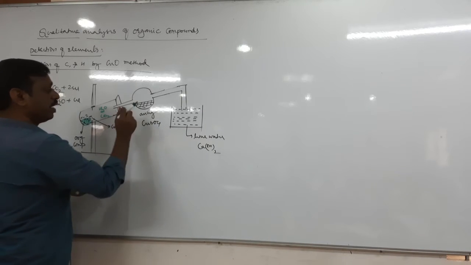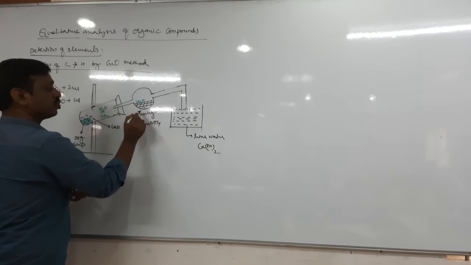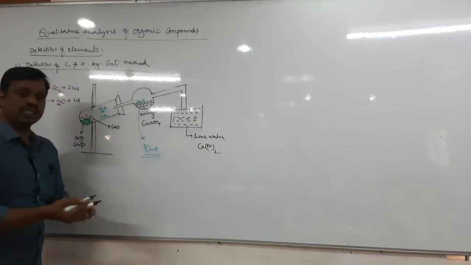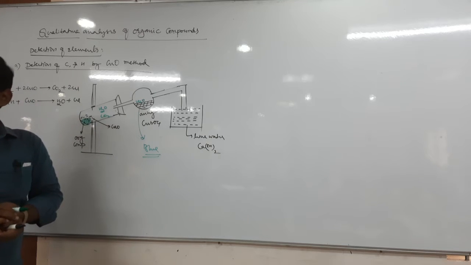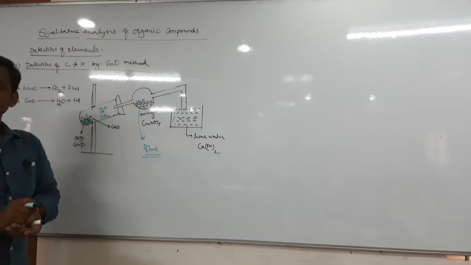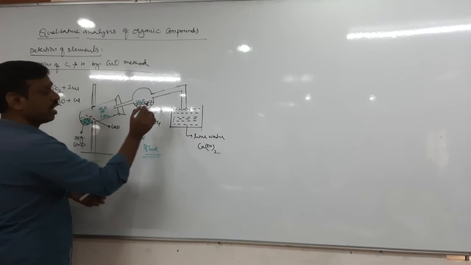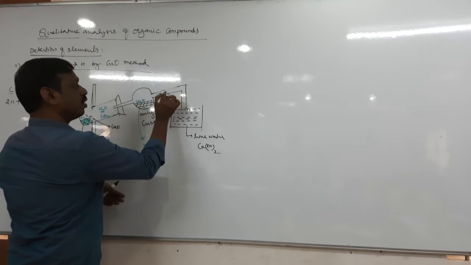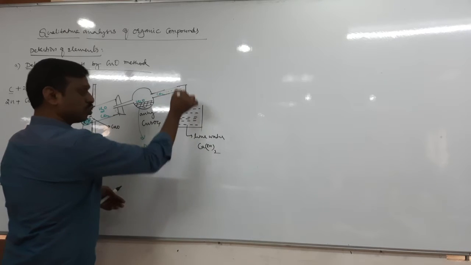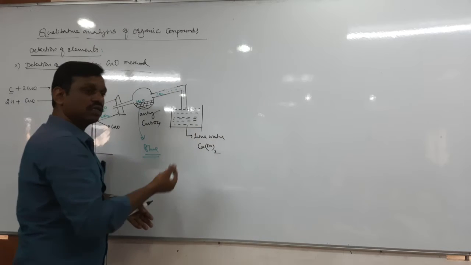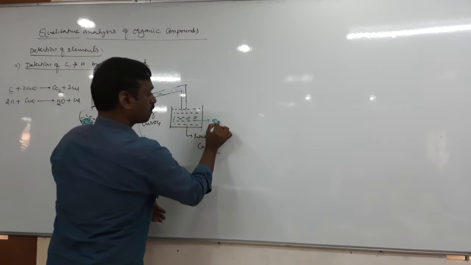Yes or no? It absorbs the water and becomes hydrated copper sulfate, blue. So the appearance of blue indicates presence of water. And next is carbon dioxide. Carbon dioxide is now passed through lime water. So this lime water turns milky, no? Milky white.